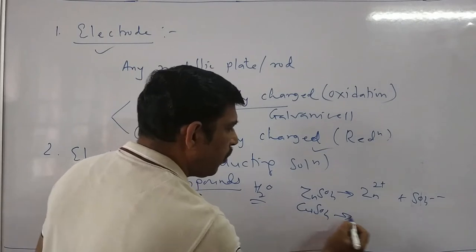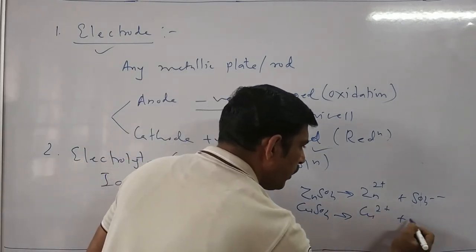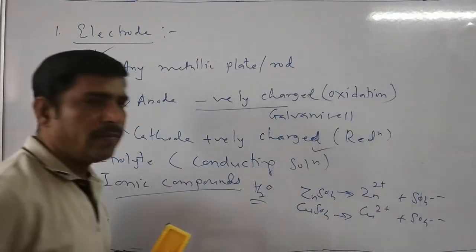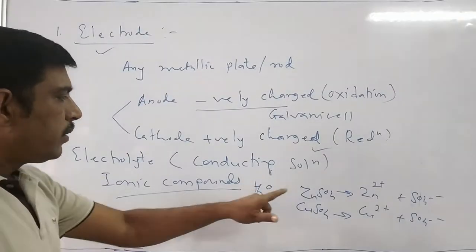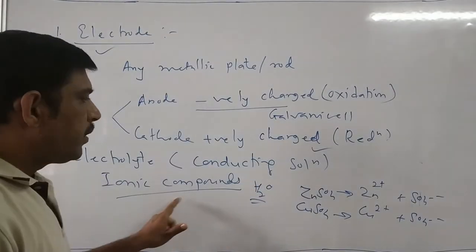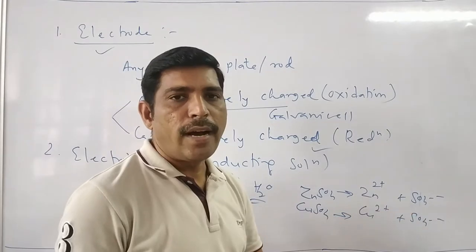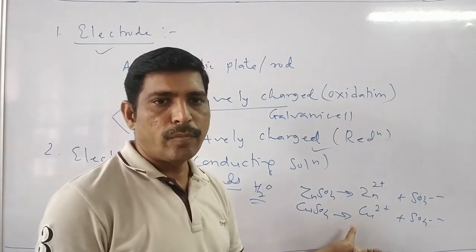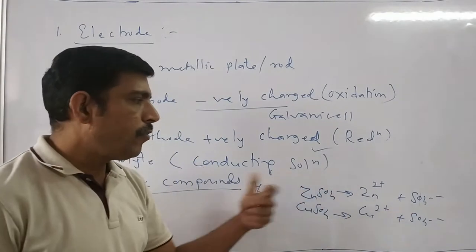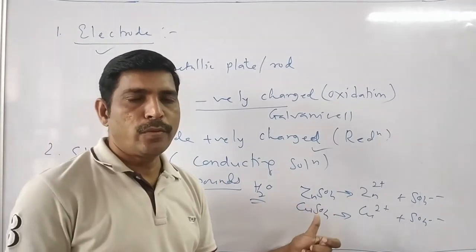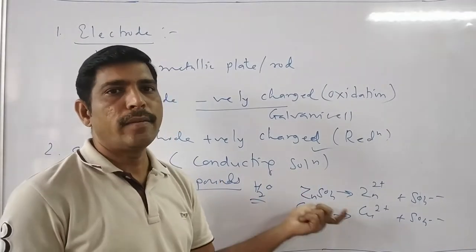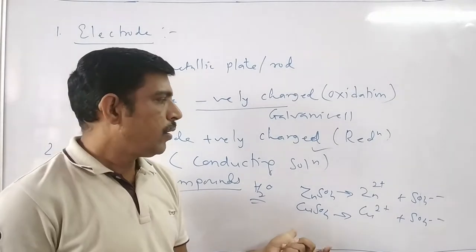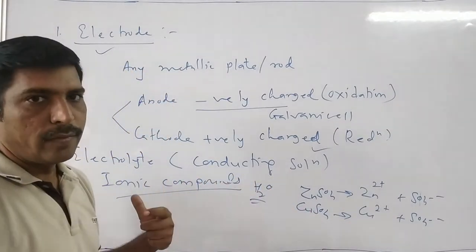Similarly, copper sulfate forms Cu2+ plus sulfate 2- ions. That means these electrolytic materials form oppositely charged ions in a solution, and when they move from one place to another place, they carry electric current. So they are good conductors.